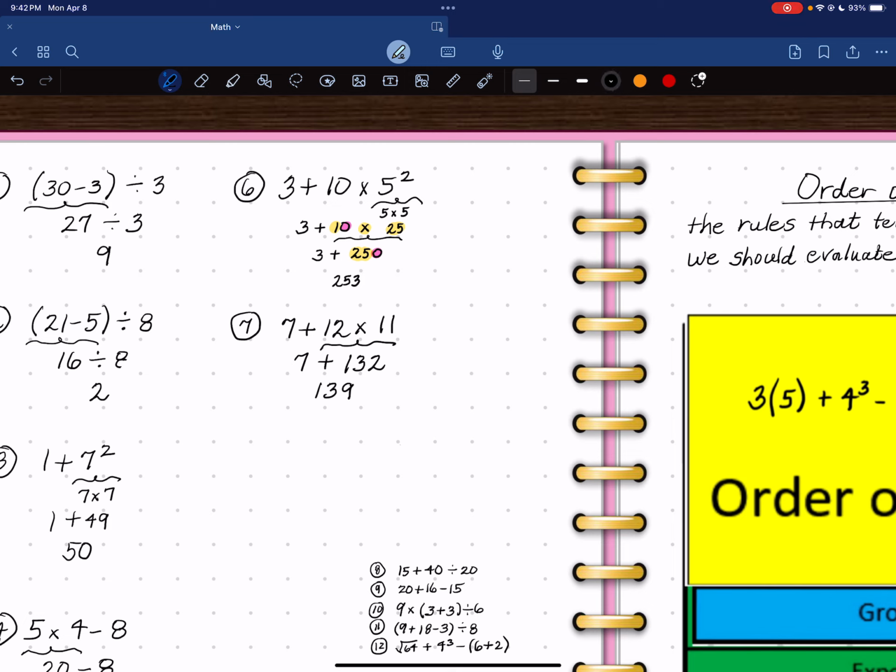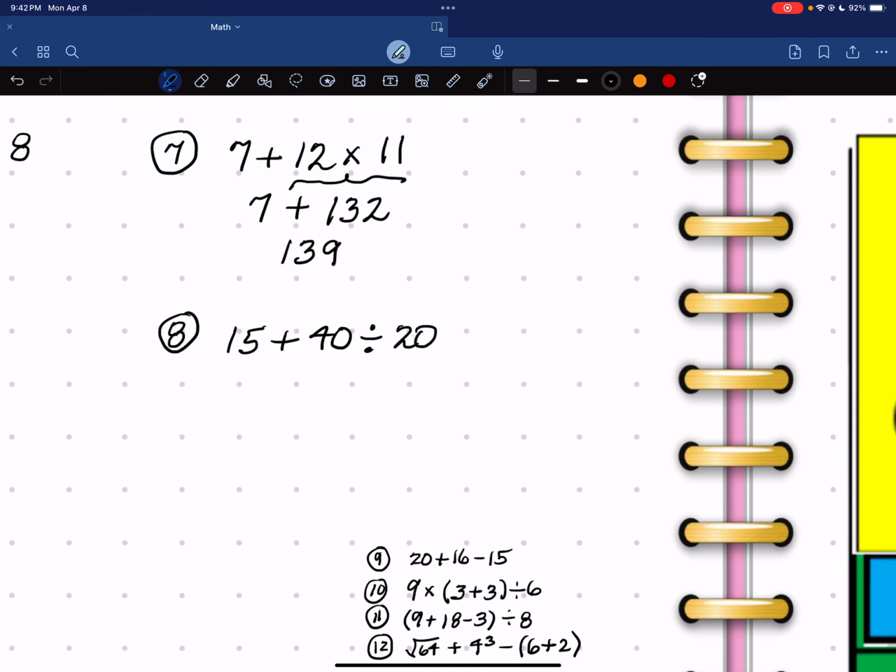Number 8. I have 15, add 40, divide 20. No grouping symbols, no exponents or roots, multiply or divide.